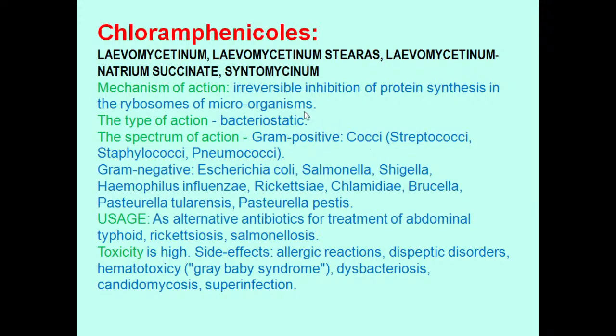Usage: as alternative antibiotics for treatment of abdominal typhoid, rickettsiosis, salmonellosis. Toxicity is high: allergic reaction, dyspeptic disorders, hematotoxicity, so-called gray baby syndrome, dysbacteriosis, candida mycosis, superinfection. Used rarely. Synthomycin is used locally.